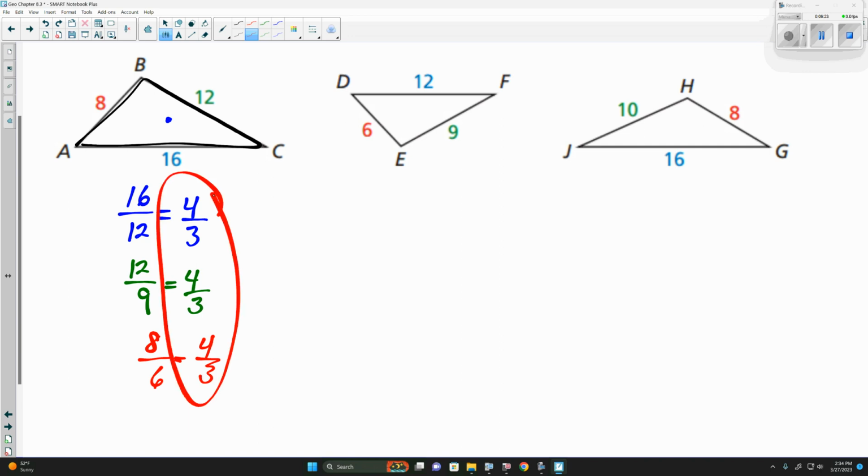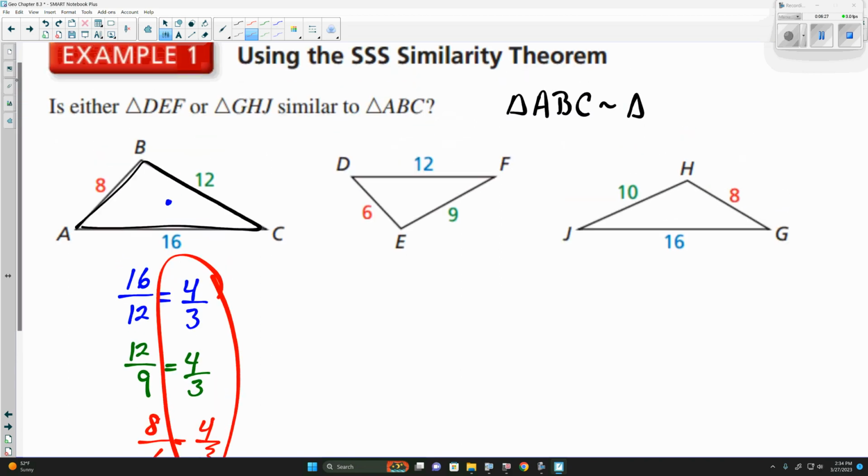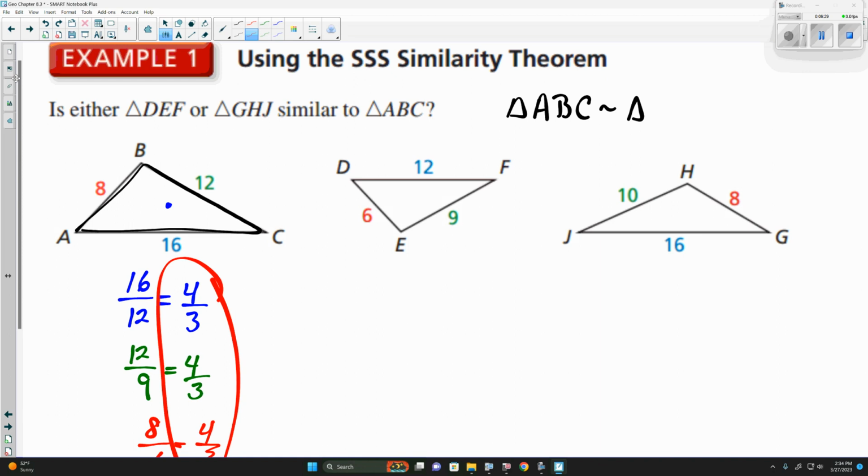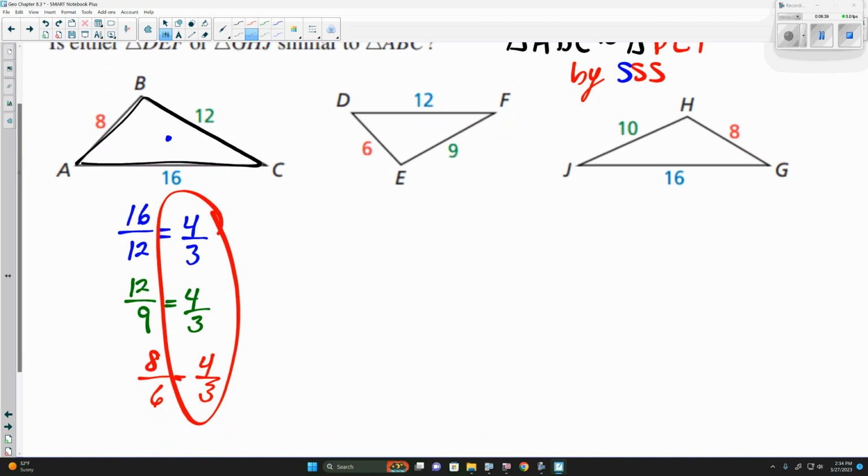We have 3 sets of proportional sides, yes? So ABC would be the same as DEF by side, side, side.